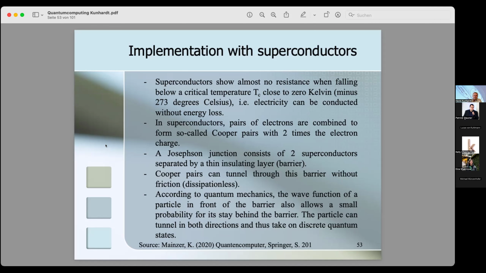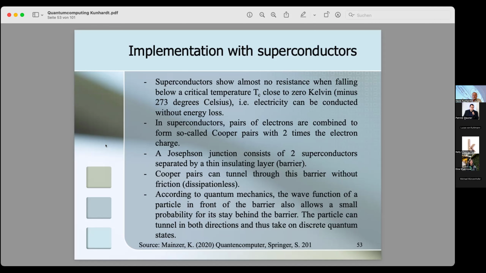So superconductors have pairs of electrons called Cooper pairs, and they can charge an electron in 2 times. It is called a Josephson junction, and it consists of 2 superconductors. They are separated with a thin insulating layer, a barrier.